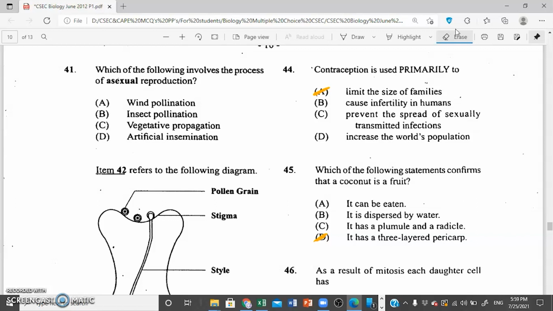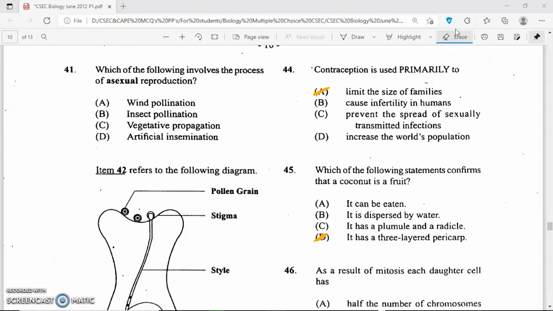The pollen grain contains the male gamete, and the ovule contains the female gamete. Artificial insemination is also not the answer. So our answer here would be vegetative propagation, that's asexual reproduction.